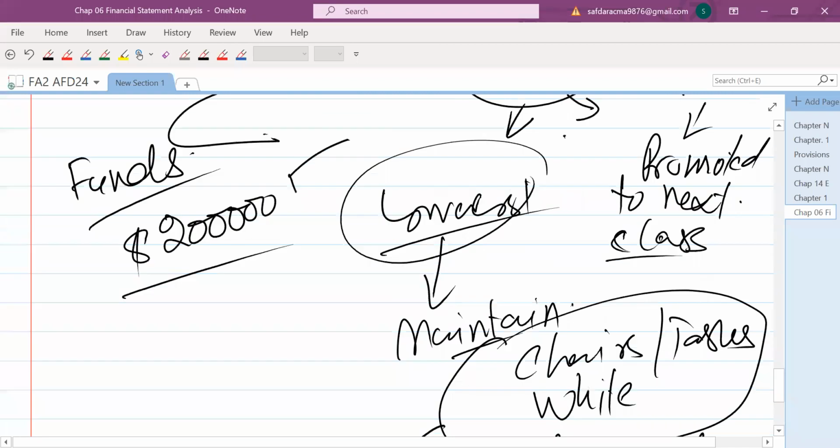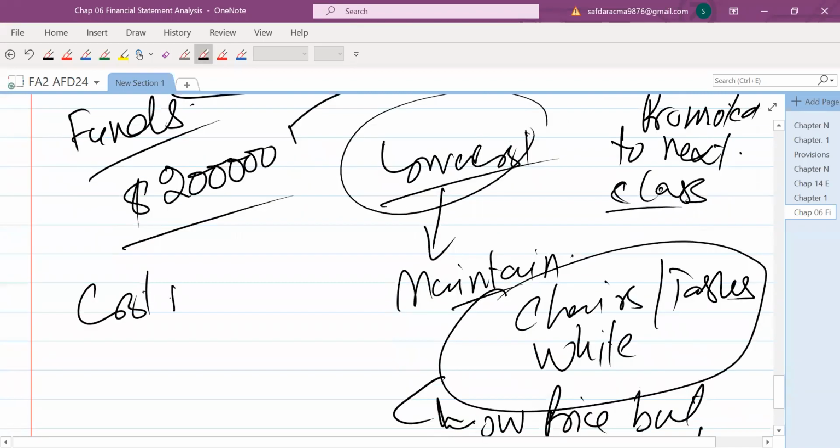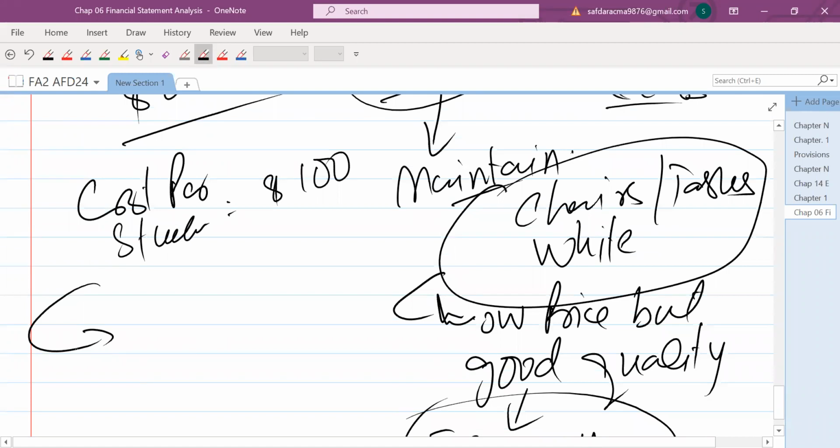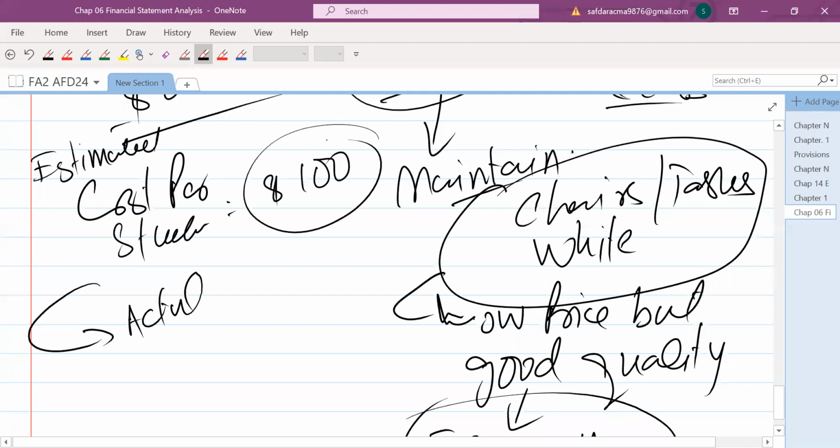अगर आपकी कॉस्ट पर स्टूडेंट, फॉर एग्जांपल $100 and you are achieving your objective, and your actual cost per student is, this is your estimated, for example, this is your estimated cost per student is $100, but actually your cost is coming, for example, $80 per student.